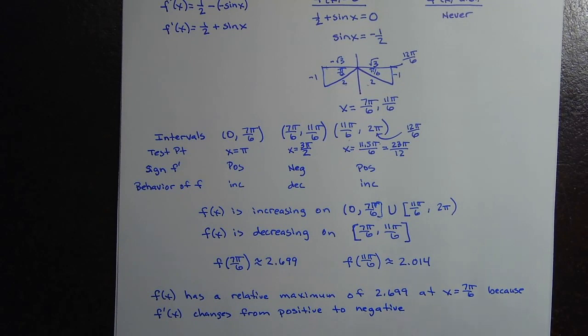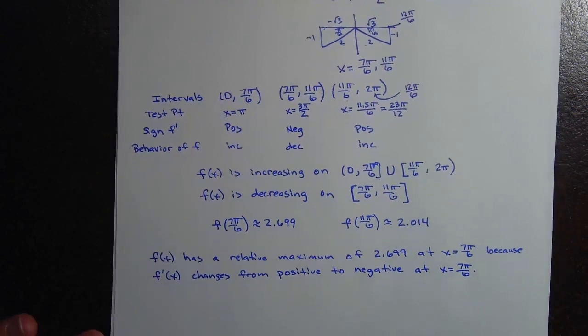And if you stop there, you're wrong. So positive to negative at x equals 7 pi over 6. It's incomplete if you don't add that. You have to have that.